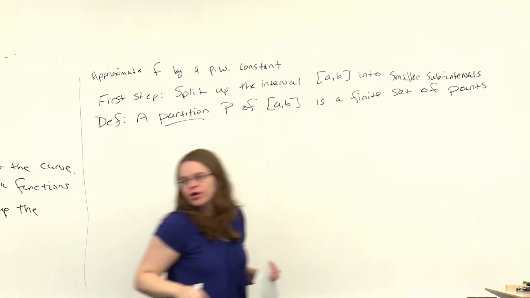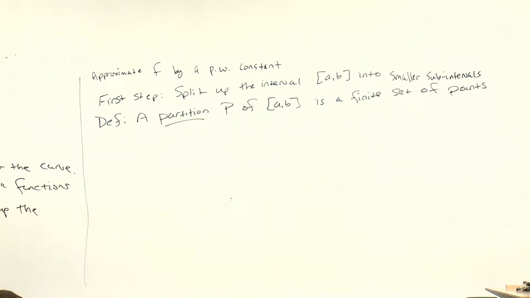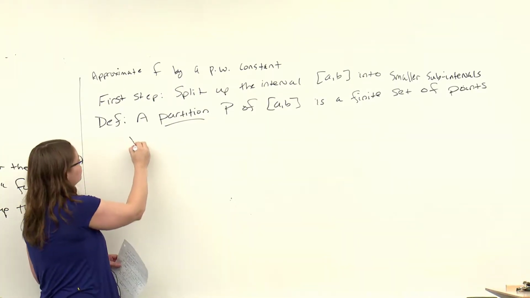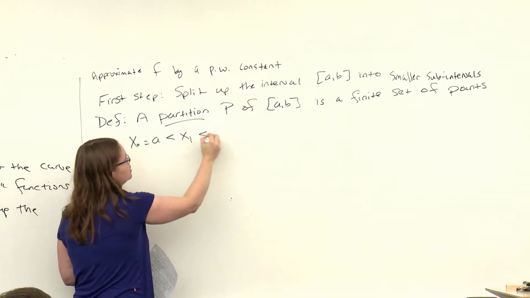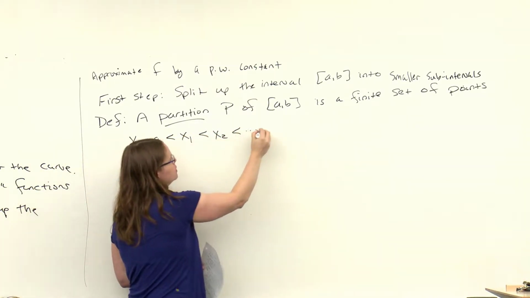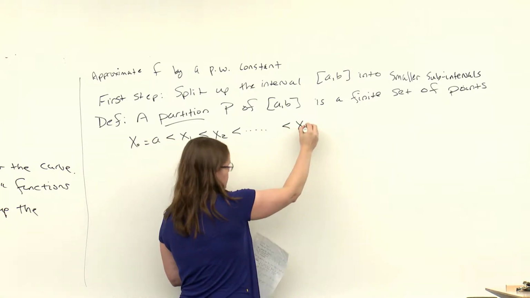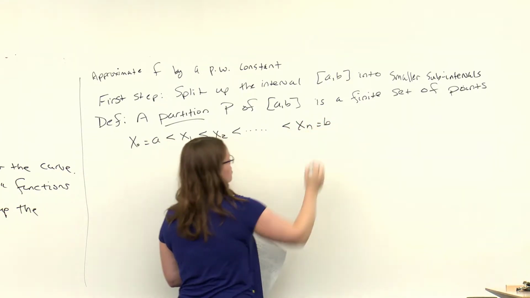All right, that's important also. We only want to add up finitely many of these at a time. So I'm going to call this one x0, x1, x2, all the way down to xn. N is some number. Okay, so x0, which is equal to a, should be less than x1, should be less than x2, all the way down to less than xn, which is b.